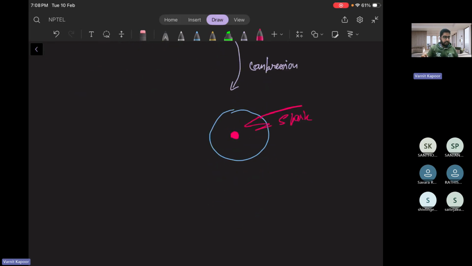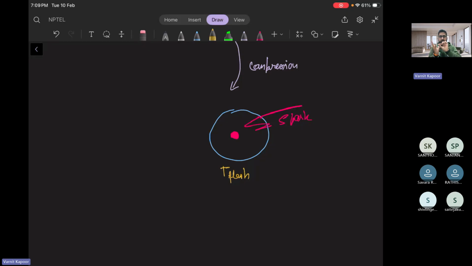And the temperature is reached at T flash, that is flash point temperature. T flash. Let me write T flash. And you're just providing the spark.